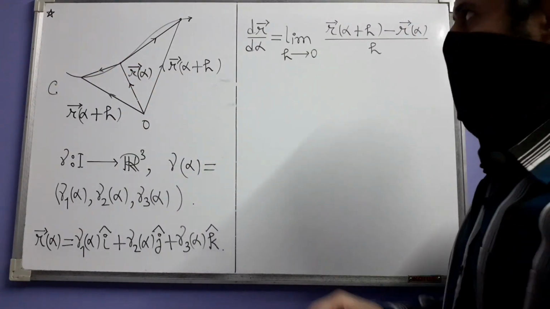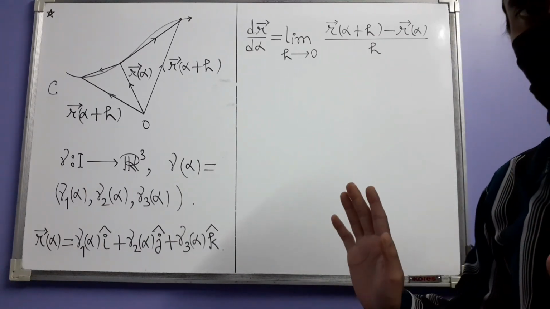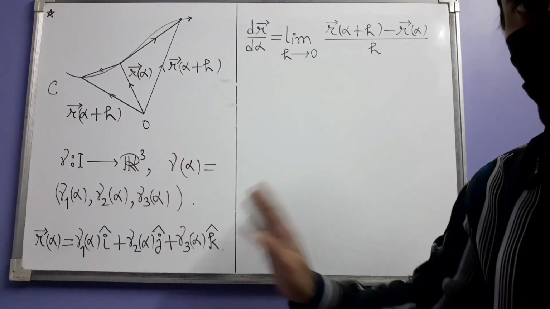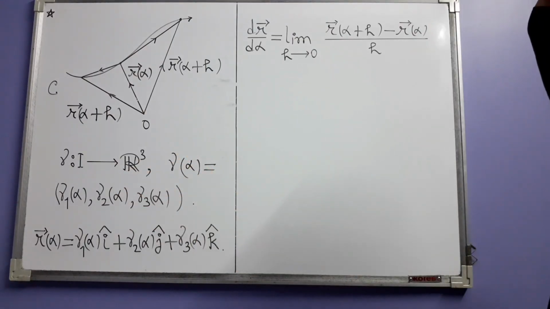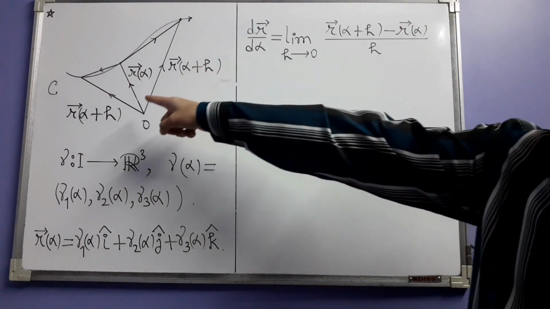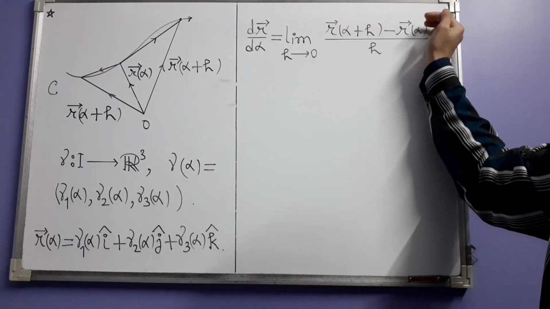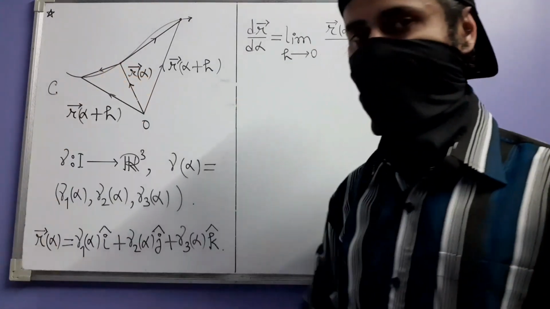Okay, but the definition of derivative does not change. It does not care on which side this r of alpha plus h is. So now things have changed. That same difference now is this vector.